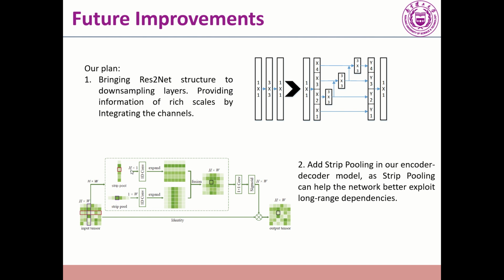We use h times 1 and 1 times w strip pooling kernels, so that we extend the result to h times w at the value of the corresponding position, followed by a sigmoid and then multiplied with the raw data to get the output.